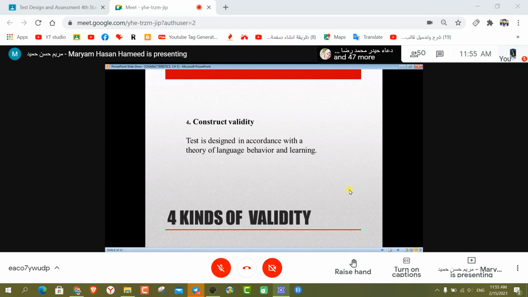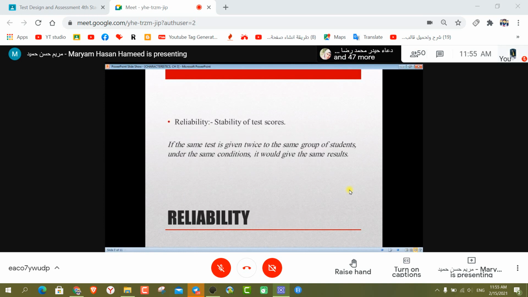The second one, which is reliability. Reliability means, as you see here, stability of test scores. Fundamentally, a reliable test is a constant and dependable one.